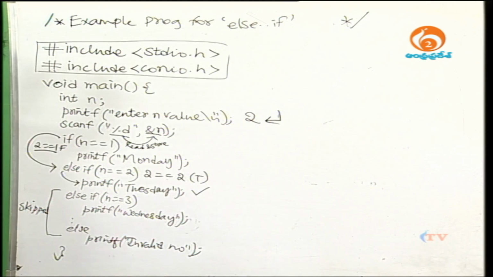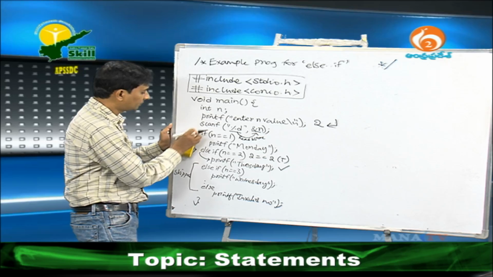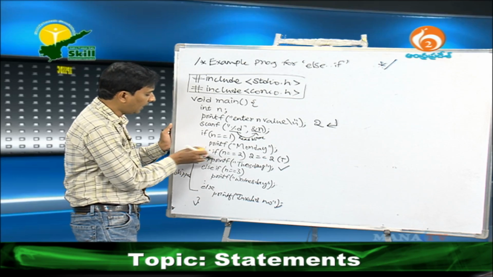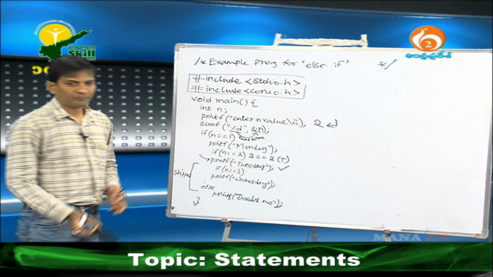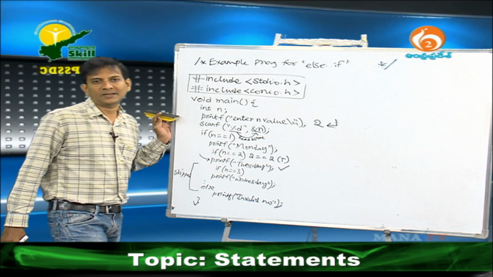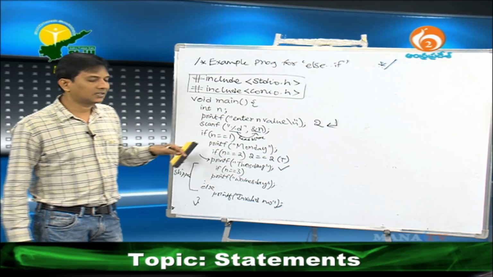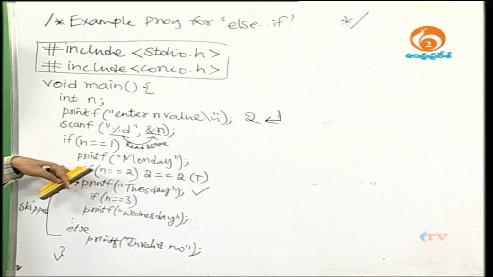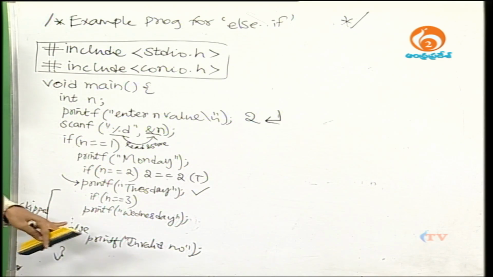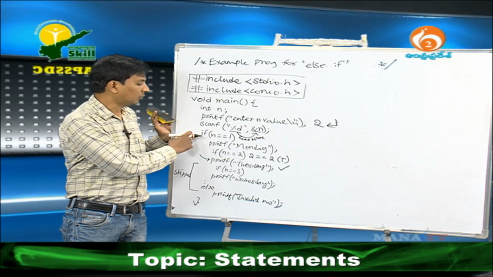Okay. For example, if I am not writing the else if, simply I want to write if condition only, then what changes happen for the program? If I am not writing the else if here, all the conditions will be checked, though it is true also.